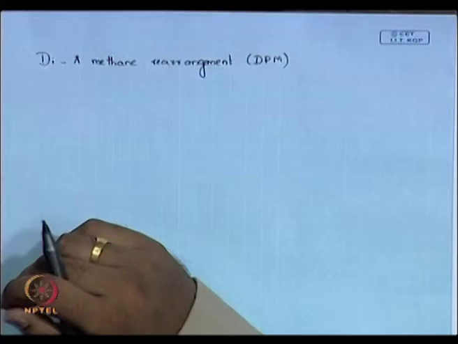If you have a non-conjugated diene system separated by an sp3 carbon, that type of system particularly gives you the di-pi-methane rearrangement.